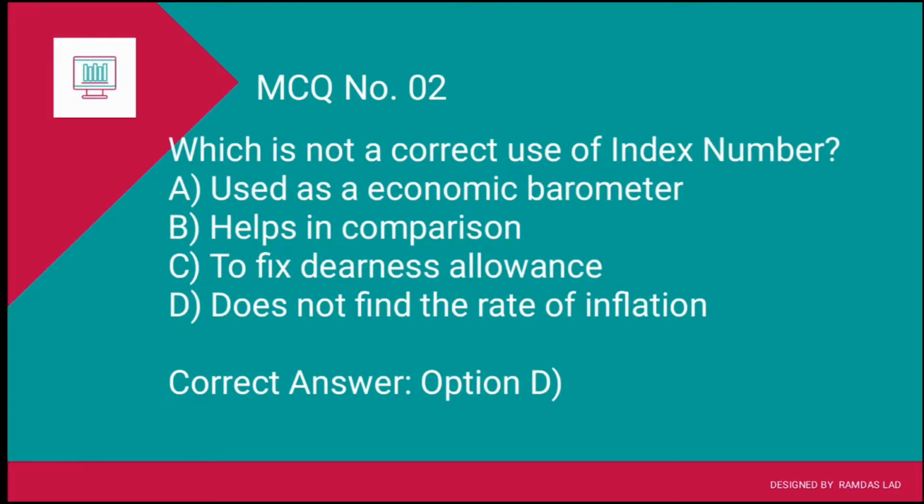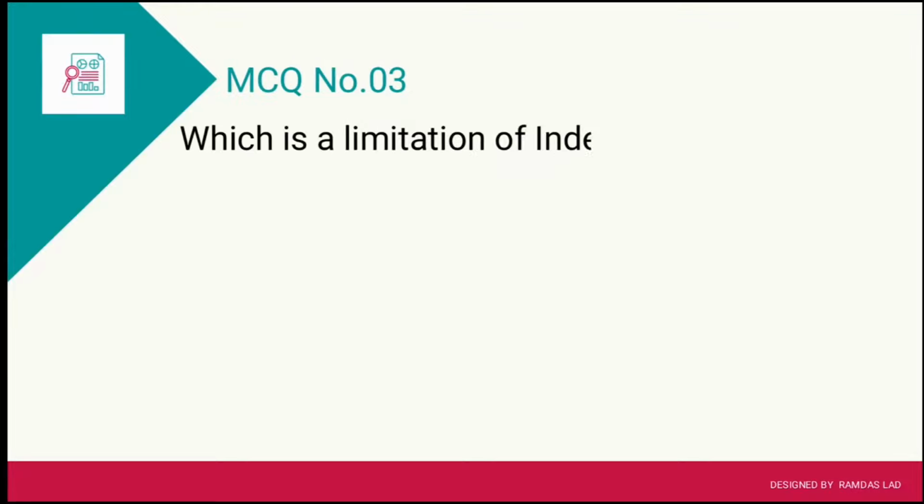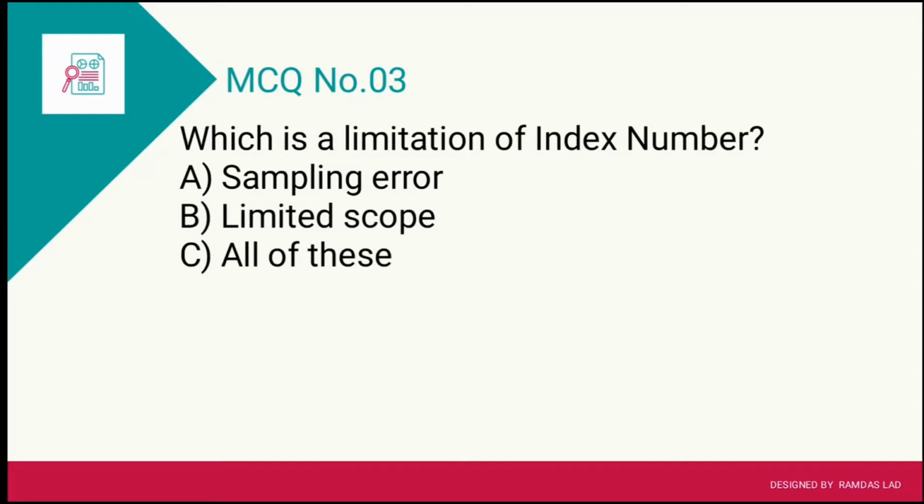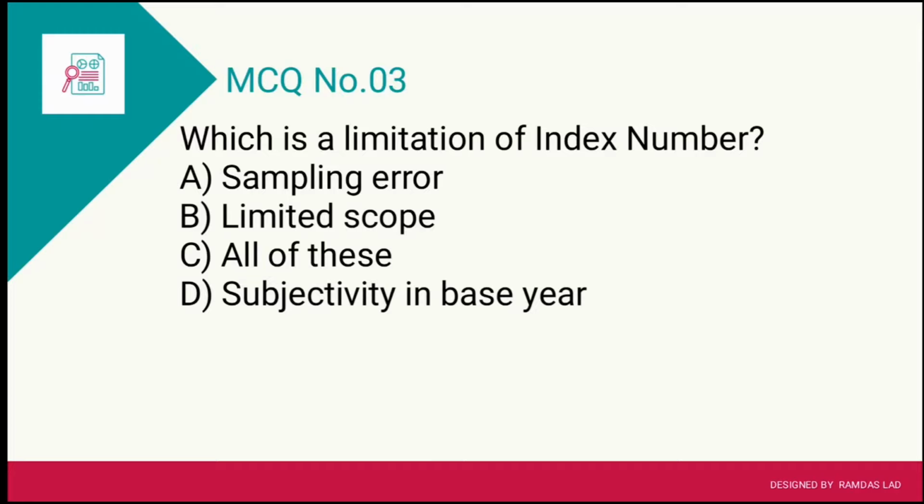Now question number 3. Which is a limitation of index number? Here you have to study the limitations also. So options are given: A, sampling error; B, limited scope; C, all of these; and D, subjectivity in base year.